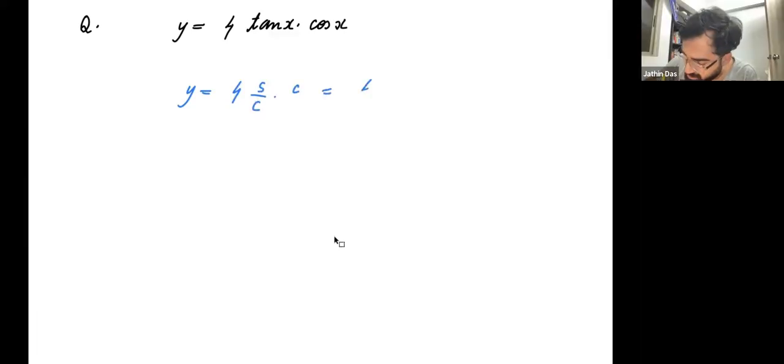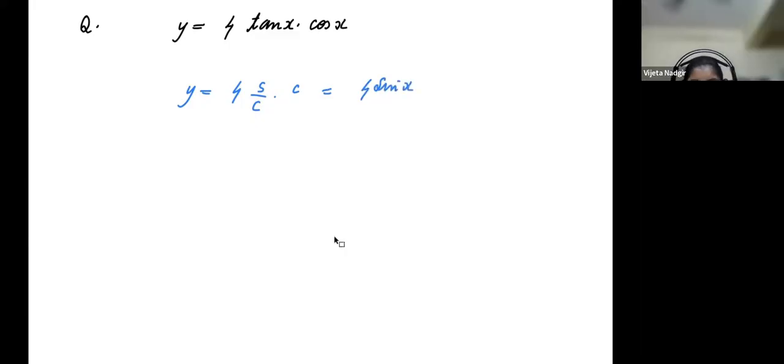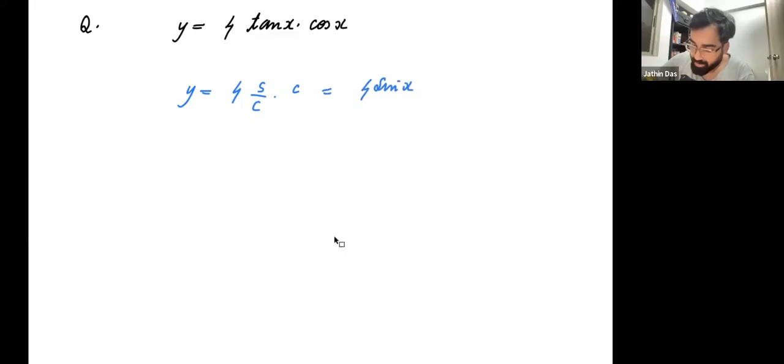So cos will cancel. 4 sin x. So range is -4 to 4 and domain is anything, real. So the range is -4 to 4, suppose I'm just telling you.